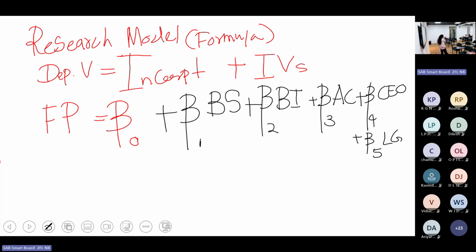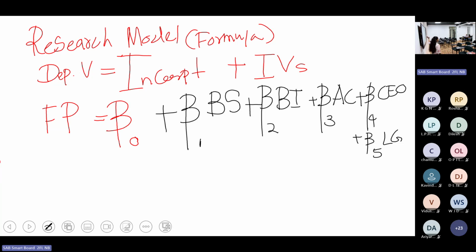We express our research in a formula. In this context, we assume financial performance depends on the five factors. Hope it is clear.